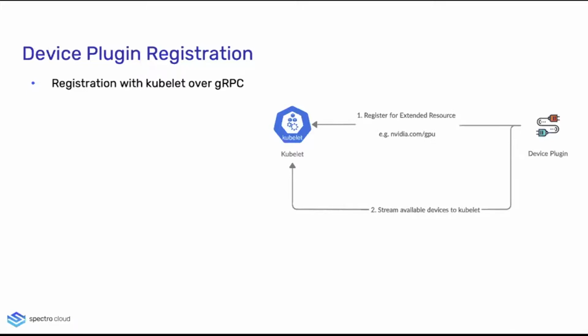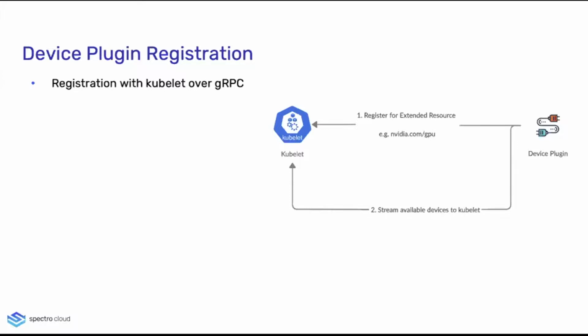After the registration for an extended resource, the kubelet knows that the given device plugin is responsible for that extended resource. In our case, this is nvidia.com/gpu.